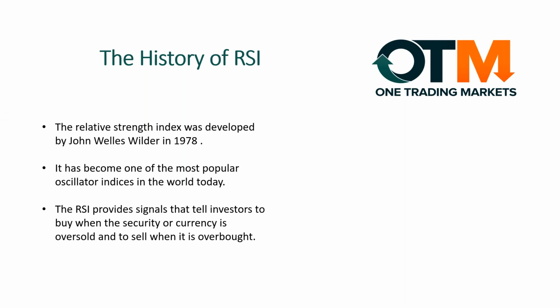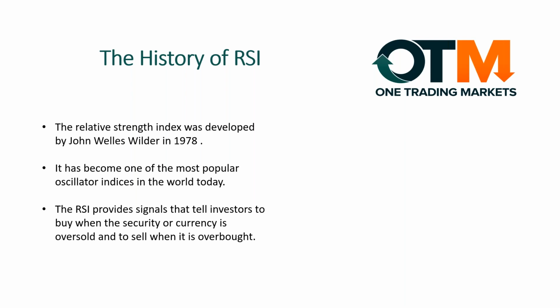All right, so let us begin with the history of the RSI. The Relative Strength Index was developed by John Wales Wilder in 1978. So as you can all see, it's a very old indicator. It's almost 40 years. It's basically one of the most popular oscillators indices in the world today. Almost every trader that I know, professional trader or even a freshman trader, use the RSI because it's such an important index.